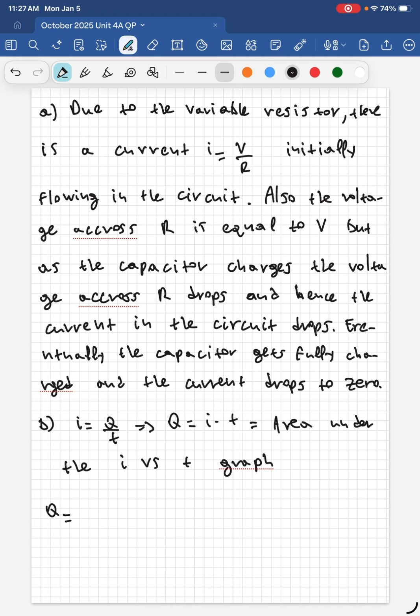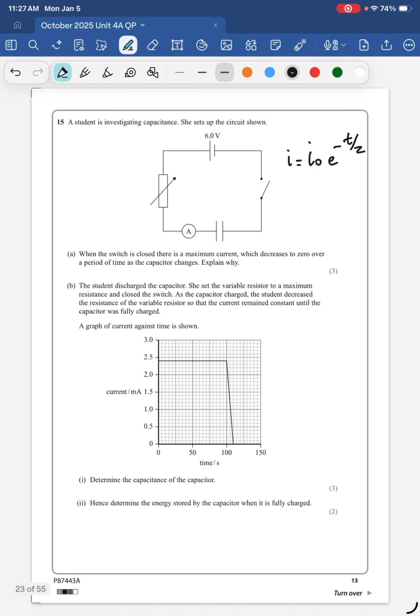So Q is equal to the area of this object that looks like a trapezium, right? And what's the area of a trapezium? It's base 1 plus base 2 times the height over 2, right?